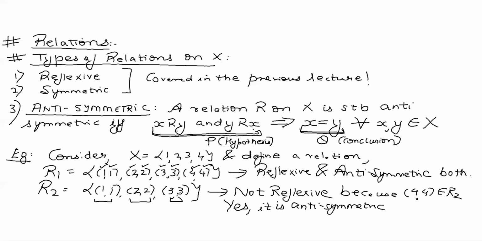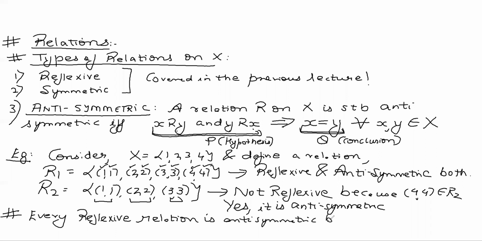So what have you understood? Every reflexive relation will be antisymmetric, but every antisymmetric relation will not be reflexive. This is what we have learned. Every reflexive relation is antisymmetric, but every antisymmetric relation may not be reflexive.